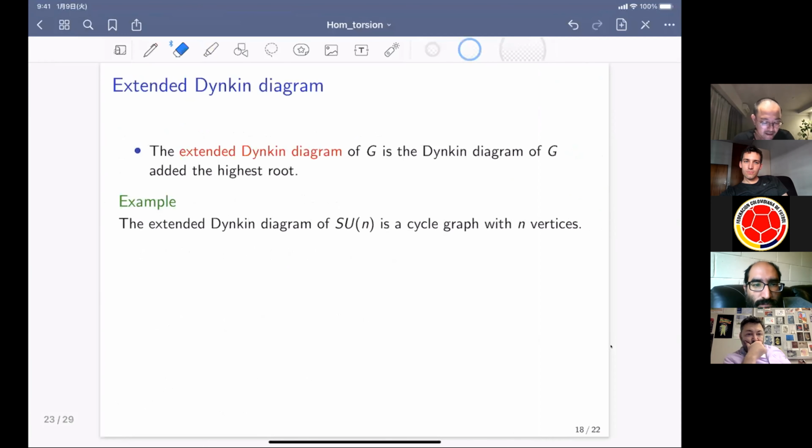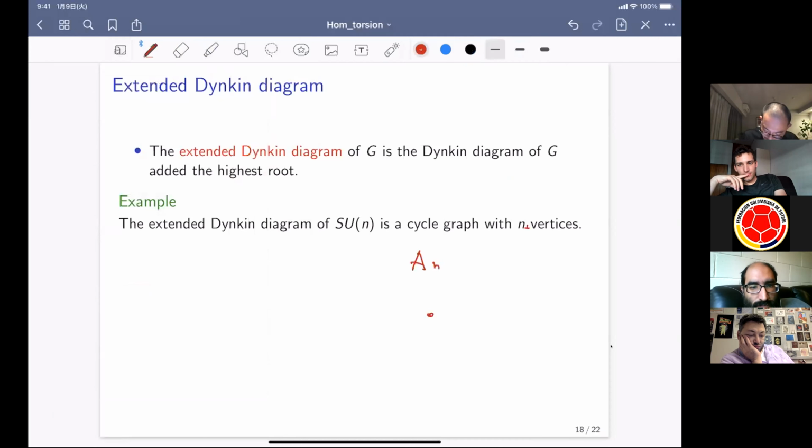So that's the extended Dynkin diagram. The extended Dynkin diagram of G is the Dynkin diagram of G with the highest root added. So for example, the A_n type, A_{n+1}, sorry, Dynkin diagram is like this.